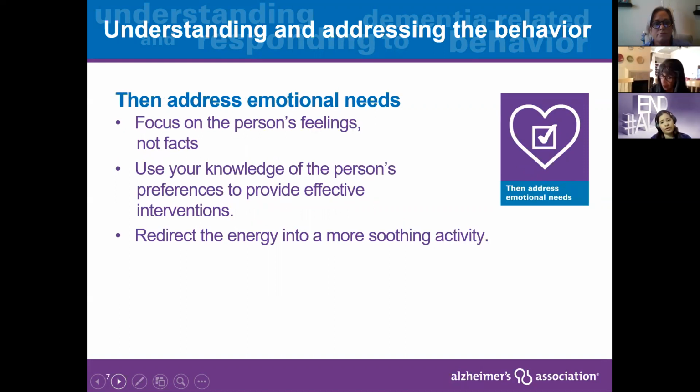The second part to this is the emotional needs. So the emotional needs, this part is complicated because everyone is different, right? We've seen, and there are different types of dementia, not just Alzheimer's, right? That's why the Alzheimer's Association changed its name to Alzheimer's Association and other related dementias.